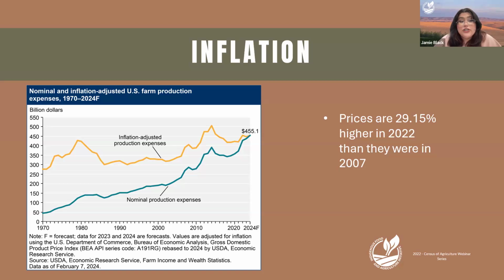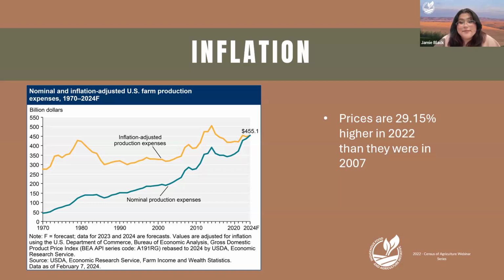But according to the Consumer Price Index, yes, thank you, Tish, they actually have an inflation calculator, and we were able to find that prices are 29.15% higher in 2022 than they were in 2007. So that's almost a 30% increase.